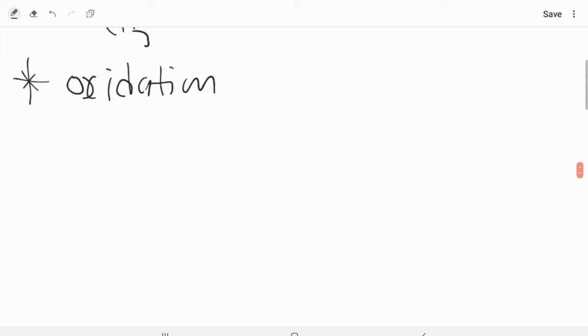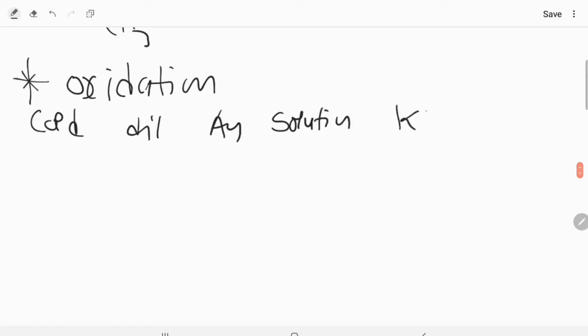You have to remember, alkenes react with a cold dilute aqueous solution of potassium permanganate. One more time, what you have to take?